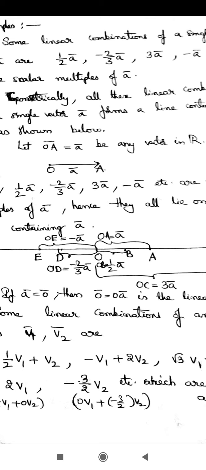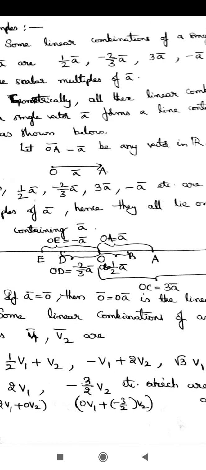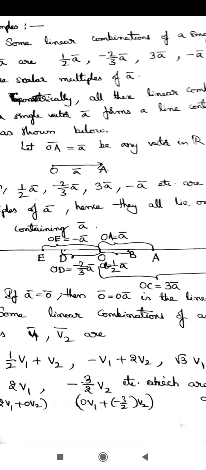The last example is minus 3 by 2 v2. Here also v1 is disappearing, and we can treat this vector as a linear combination of v1 and v2, even though v1 is not present, because we can write minus 3 by 2 v2 as 0 v1 plus minus 3 by 2 times v2.